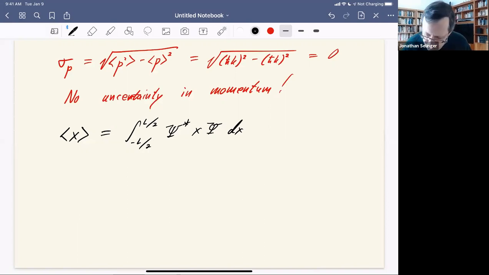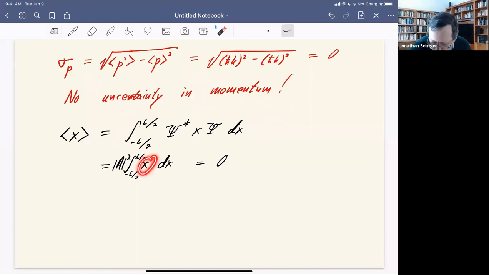So psi star psi is just a squared, integral of x dx. And this integral comes out to be 0, right? Because we have an odd thing, x, which we are integrating over a region that's half negative and half positive.